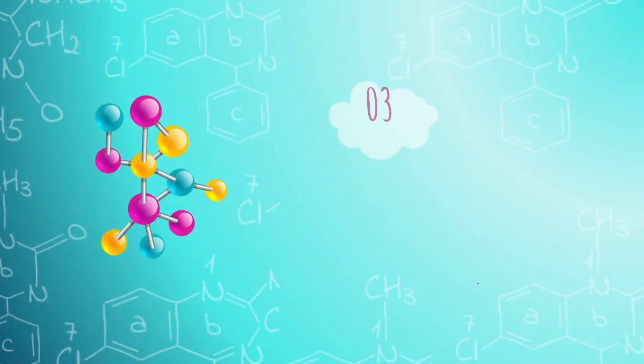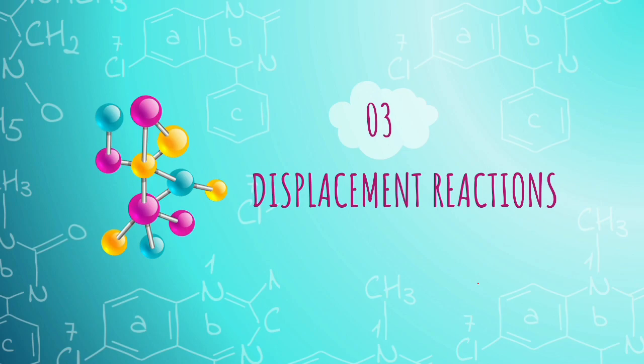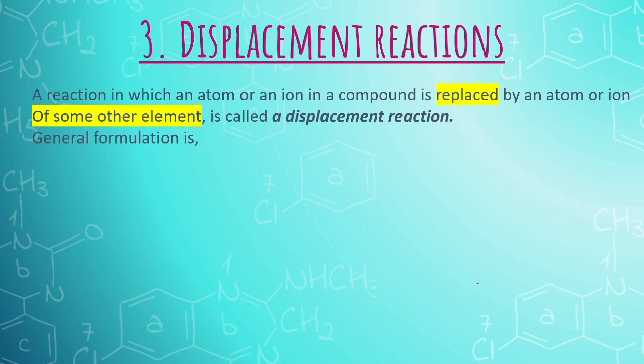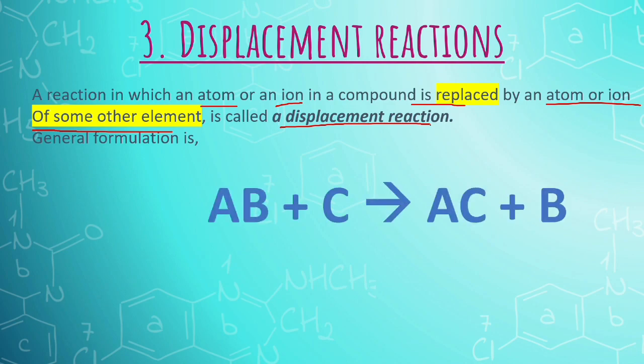Let's move further and discuss displacement reactions. So what are displacement reactions? Those reactions in which an atom or an ion in a compound is replaced by an atom or an ion of some other element are called displacement reactions, and the general representation is AB and C combine together and form AC and B. Observe this reaction carefully.